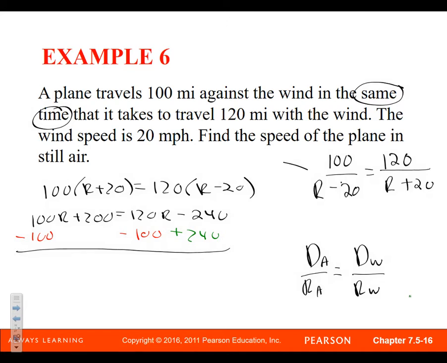You need another 0 for 2,400. Isn't it 24? Sure, you're right. Okay. So I'm going to do that. Cool? That's going to give me 20R over here is equal to 2,200.